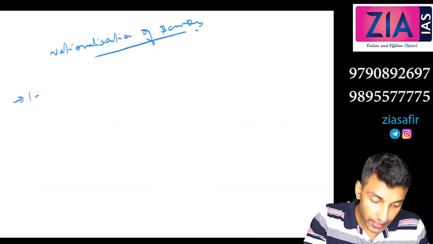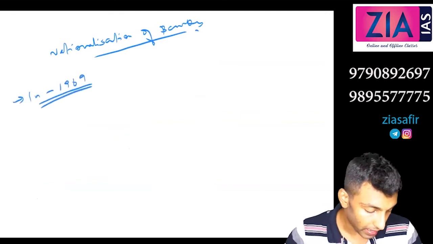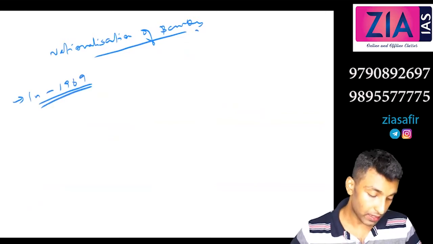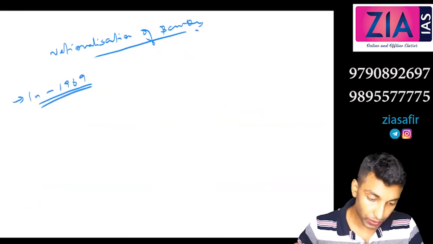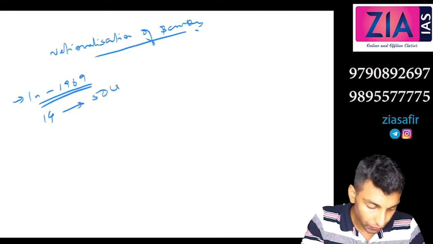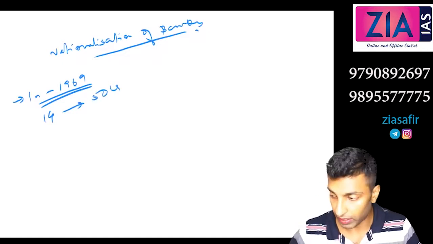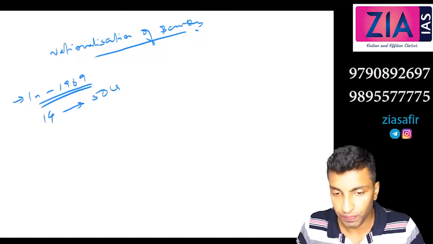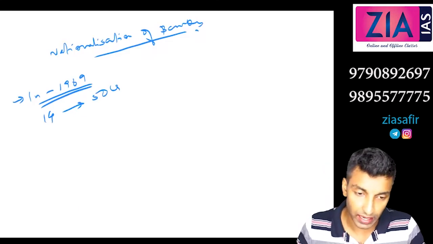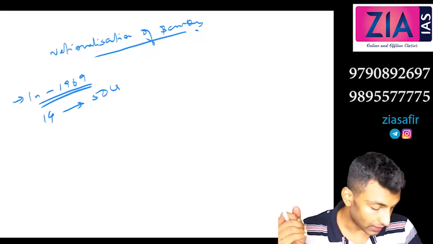In 1969, 14 major commercial banks having deposits of 50 crore or more were nationalized by the government. Nationalization means what? Government purchases all the shares of the bank. So that's what you mean by nationalization.